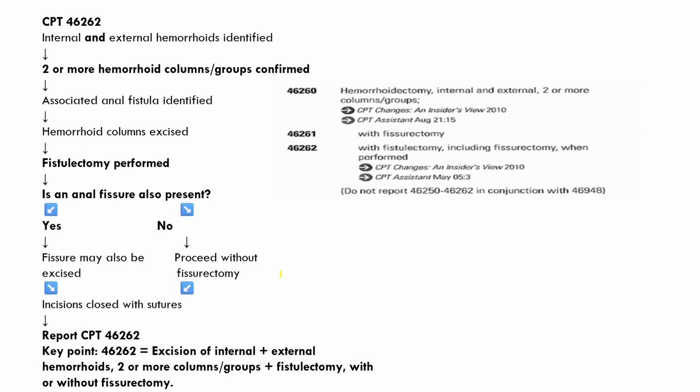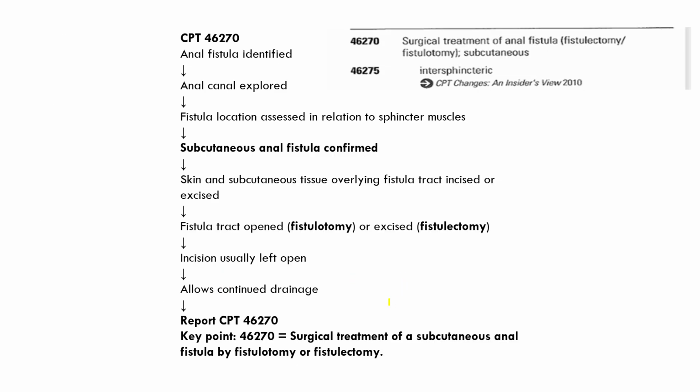For 46262 he is doing fistulectomy, with both internal and external hemorrhoids, two or more columns or groups confirmed. Next we have 46270, the surgical treatment of anal fistula, that is fistulectomy or fistulotomy, subcutaneous.